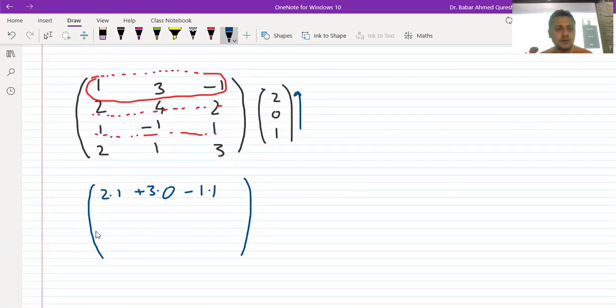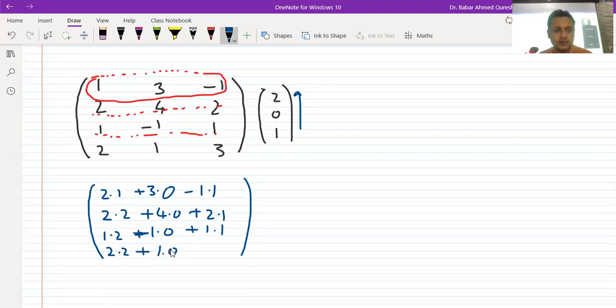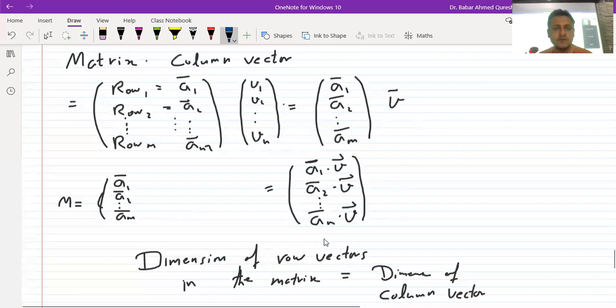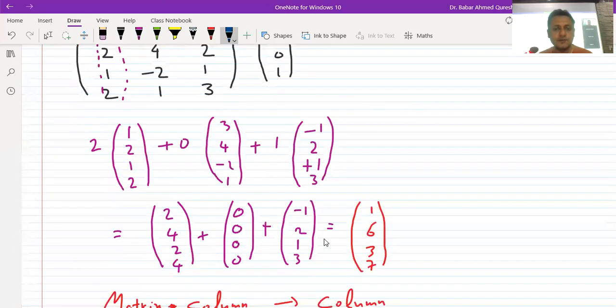Then I take the second row and put it in the second place, writing the dot product. 1 times 2 minus 1 times 0 plus 1 times 1, then 2 times 2 plus 1 times 0 plus 3 times 1, and I get 1, 5, 6, 2 plus 1, 3, and 2 plus 3, 5, which is the same as before. 1, 6, 3.